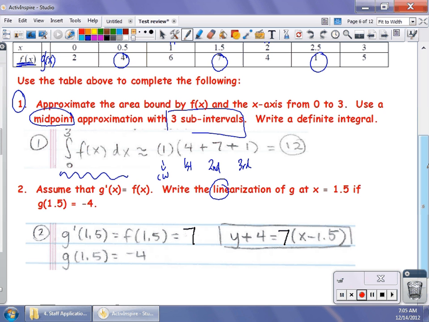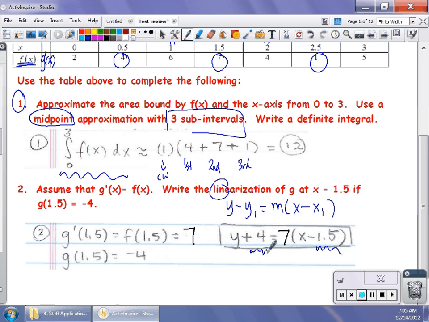When we write the equation of a line, as you know, y minus y1, point slope, is equal to m times x minus x1. They've given us the x value of 1.5, so that's been substituted here. They've given us the y value of 4, so that's been substituted here.